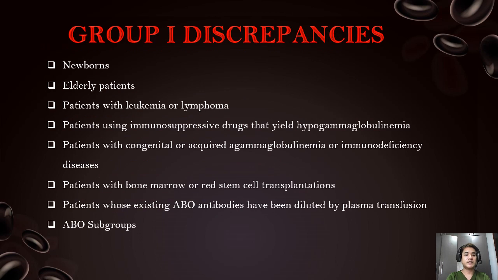Your group 1 discrepancy results from weak or missing antibodies, so they occur on the reverse or serum typing. Given that patient information is already determined by the medical technologist, these are the main reasons and the iatrogenic causes that result in weak or missing antibodies.